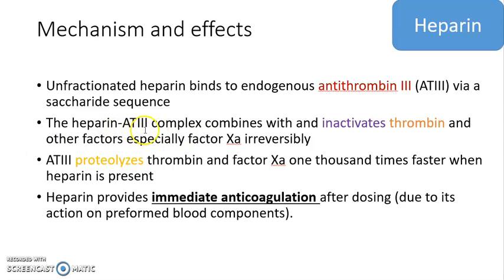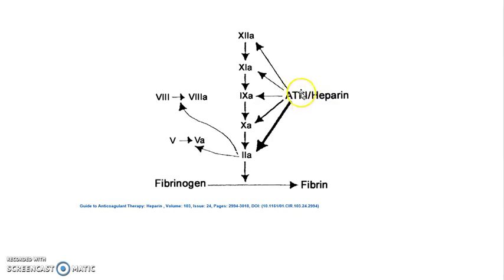So it combines with thrombin and then inactivates it, and it also inactivates other factors like factor 10A. The antithrombin 3 and heparin complex binds to factor 12A, 11A, 9A. So these are all from the APTT pathway.